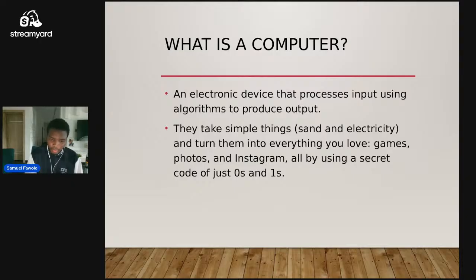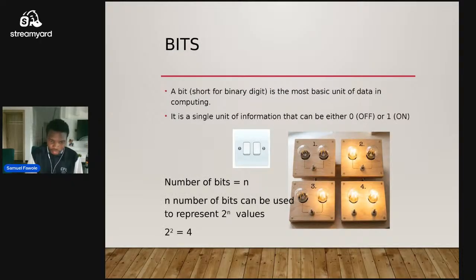The computer is made up of millions or billions of transistors, and those transistors can be conceptualized as switches.